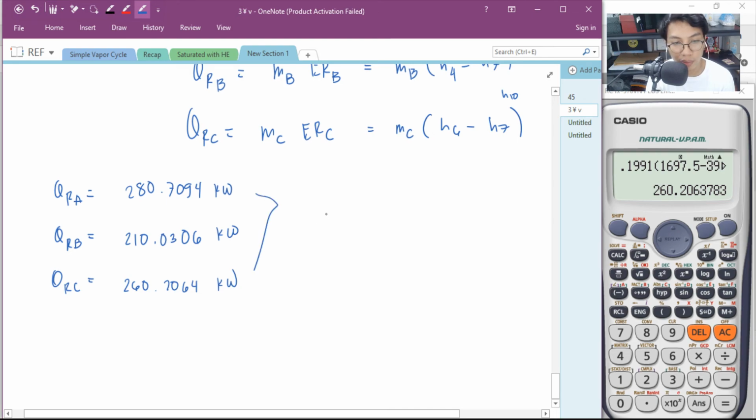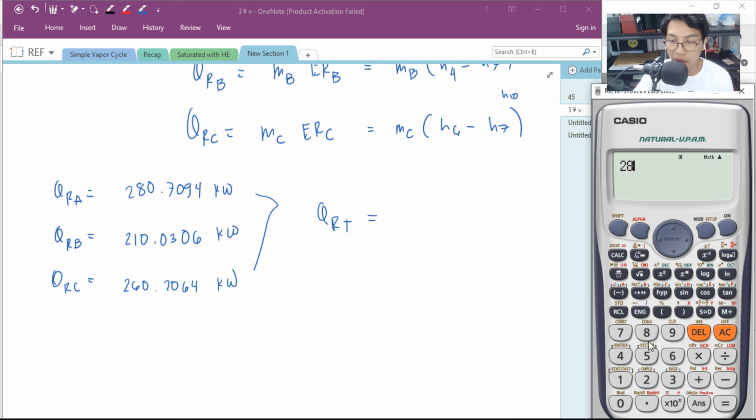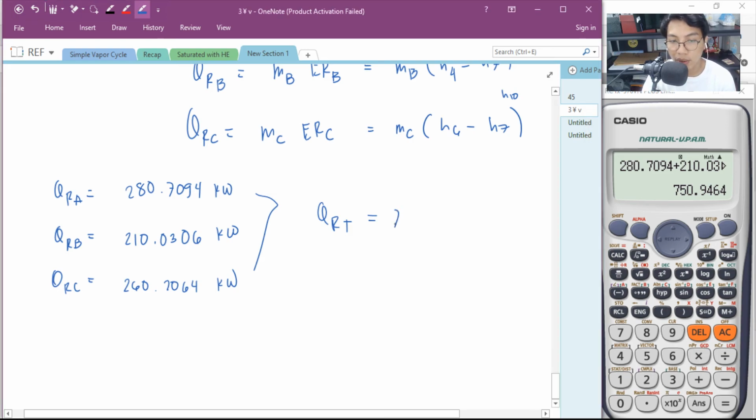Hanapin na natin yung QR total. Na QR total will be 280.7094 plus 210.036 plus 260.2064. The answer is 750.9464 kilowatts.